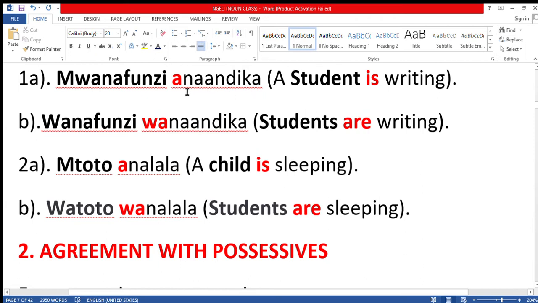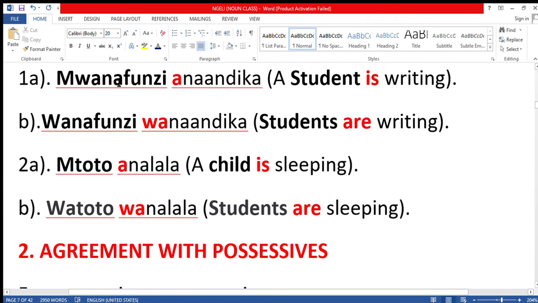So this a represents the person. It is a pronoun here. Then na is a prefix for the time, the tense. Then the verb is andika. Andika is write. So mwanafunzi anaandika.